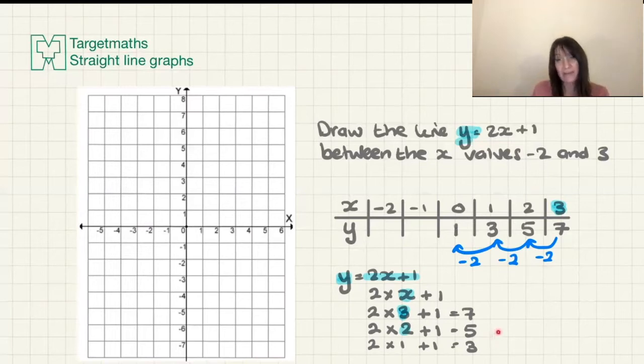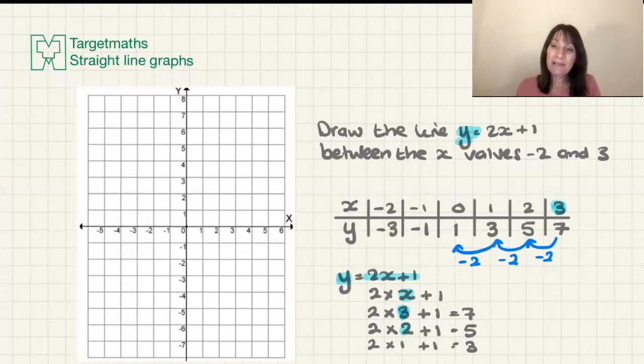I have to do it to get myself started. There is no way I can get around that, but I can reduce the number I have to do by spotting the pattern. Okay, so 1 take away 2 is -1, and -1 take away 2 is -3.